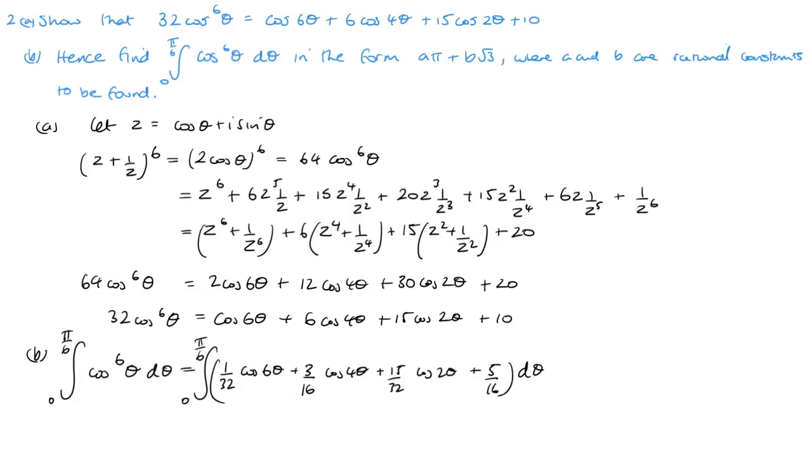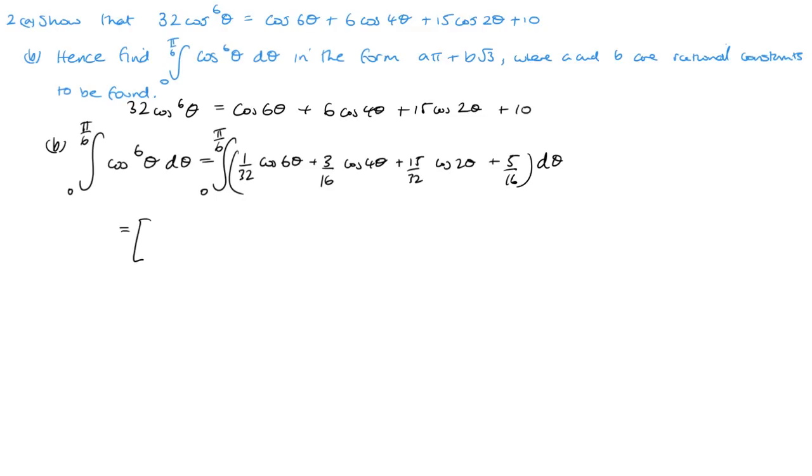I'll just make a little bit of room. Now integrating, cos integrates to sine, and we have 1 over 192 sine 6 theta plus 3 over 64 sine 4 theta plus 15 over 64 sine 2 theta plus 5 over 16 theta. And this is between pi by 6 and 0.